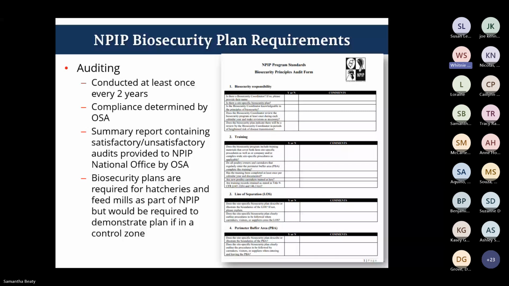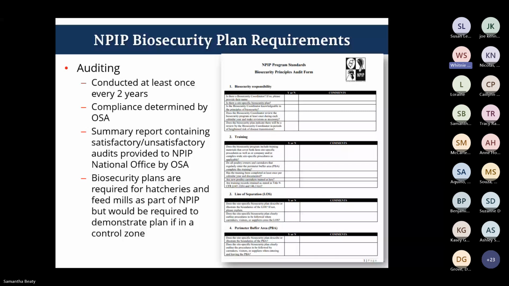And so what I've talked about so far mimics the NPIP biosecurity requirements, but has gone into a little bit more detail. And so having an enhanced biosecurity plan, that is what we would want to look for if you are in a control area, if we're trying to approve permitted movements, or if you are the infected farm.